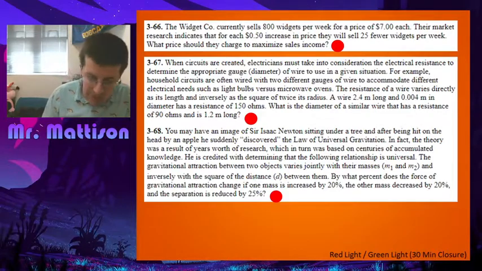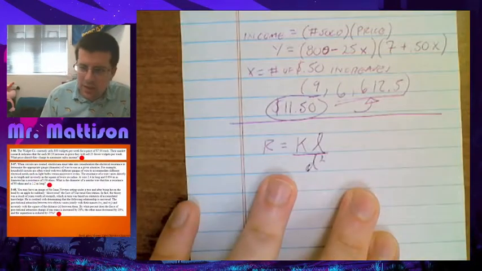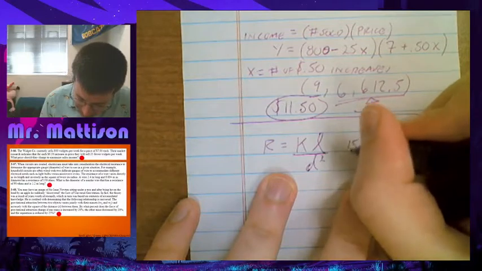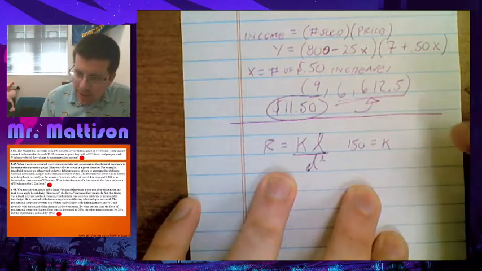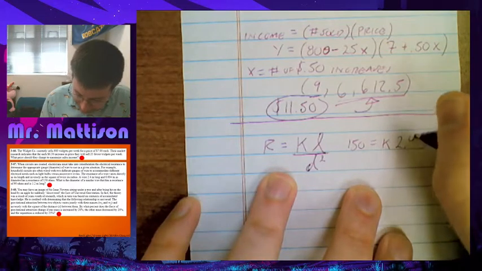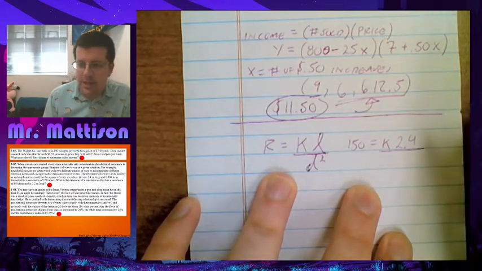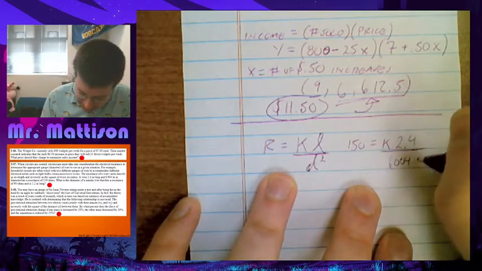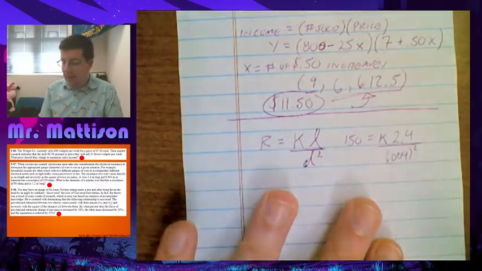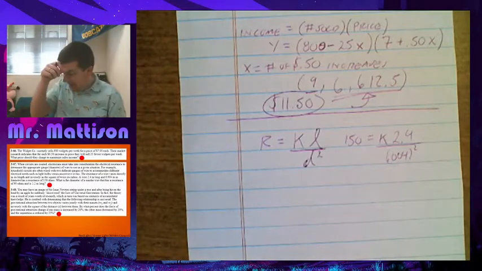So I know that 150 equals K times my L, 2.4, over my diameter, 0.004, squared.